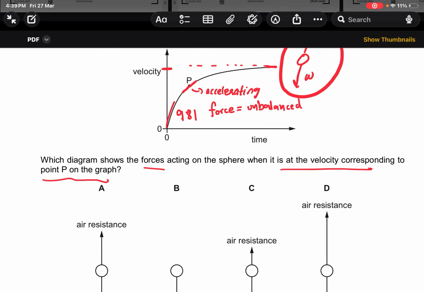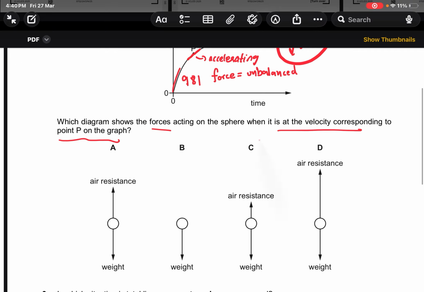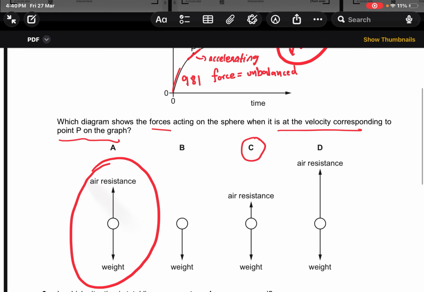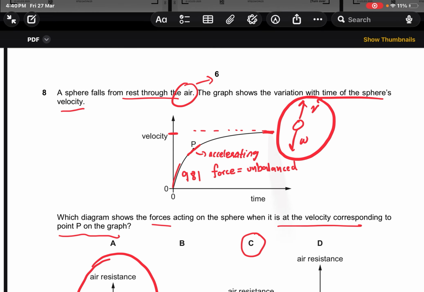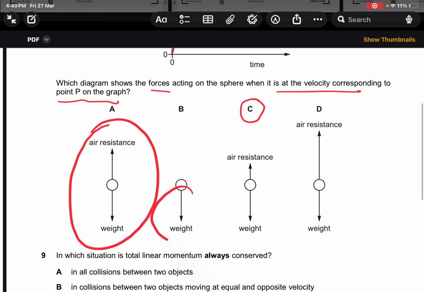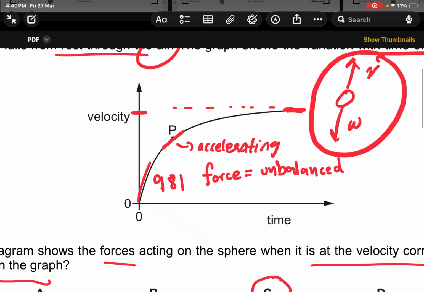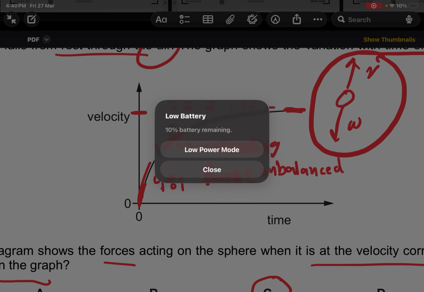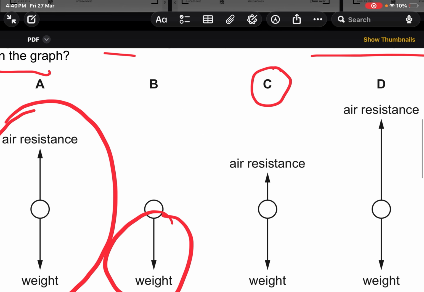That's why weight is going to be greater than air resistance. The point where weight and air resistance are equal is going to happen when the line is flat. Only weight acting and no air resistance acting is going to be just at the beginning of the graph. Just when it begins to fall, only weight is going to act, with no air resistance, but for a very short period.